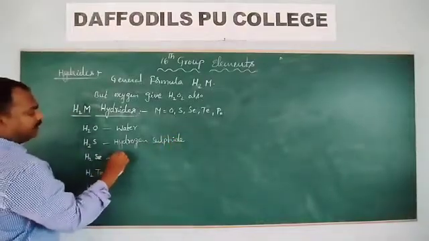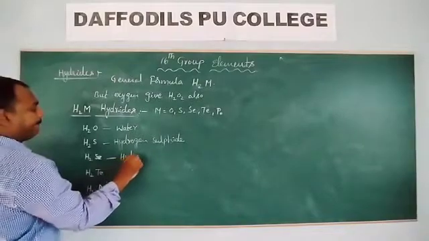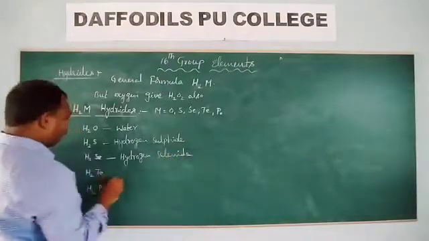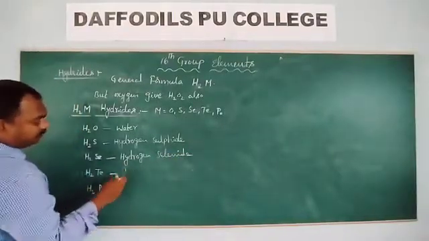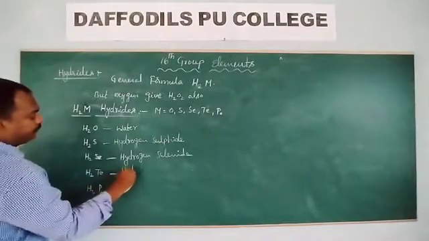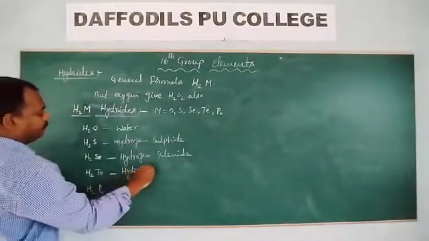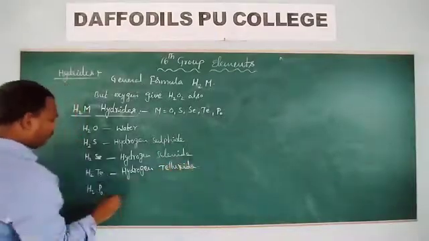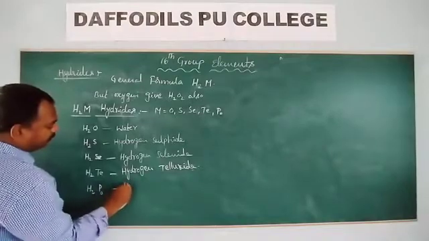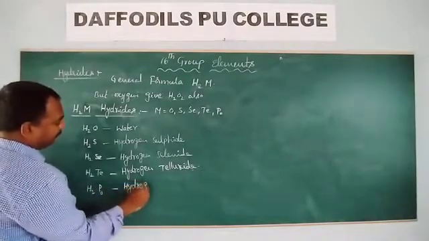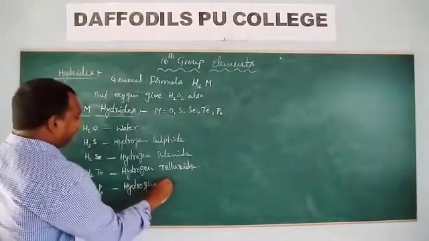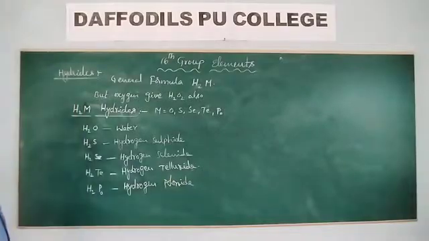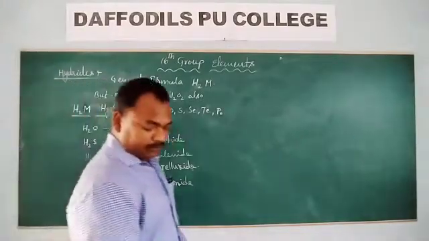This is hydrogen selenide. This is hydrogen telluride. And this one is hydrogen polonide. So these are the hydrides of 16th group elements.